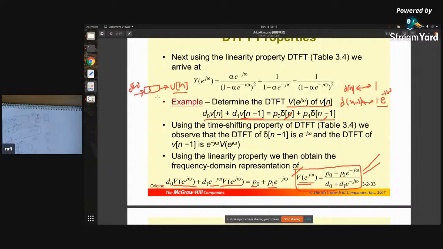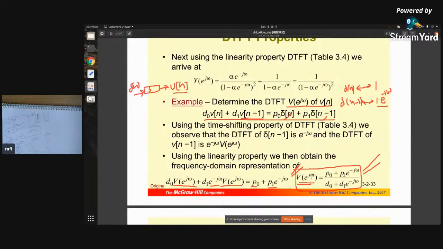The Fourier transform of the impulse response is called the frequency response of the system. So this will become the frequency response of the system.